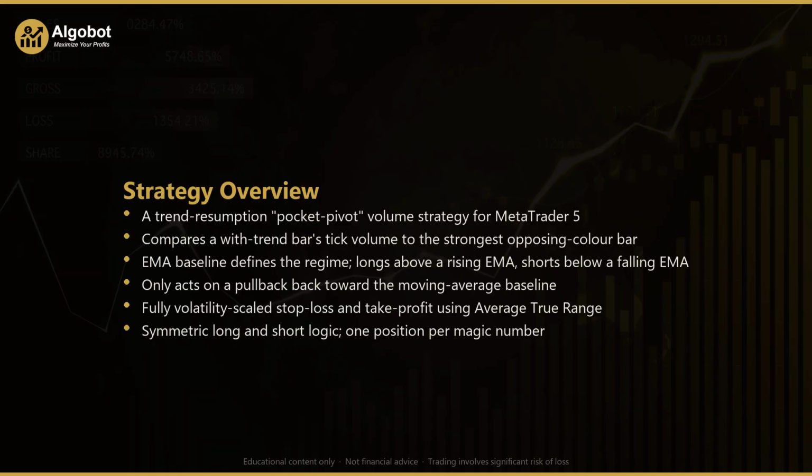Let's dive in. The Opposing Volume Dominance Pivot is an expert advisor that automates a very specific idea about volume. Most volume filters compare the current bar to an average or accumulate a running total the way on balance volume does. This strategy asks a sharper question. It looks at whether a with-trend bar's tick volume has just exceeded the single strongest opposing color bar in the recent look-back window.